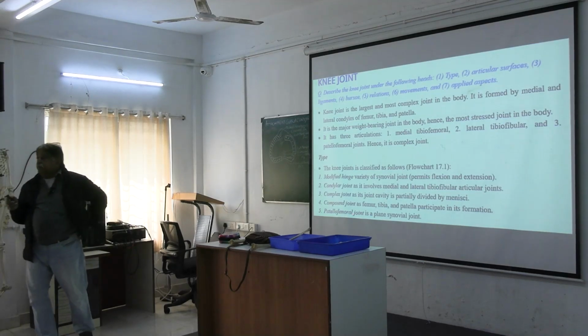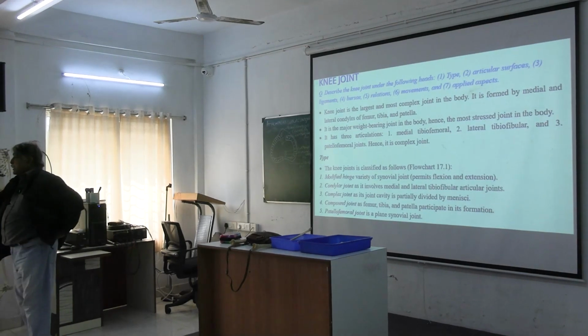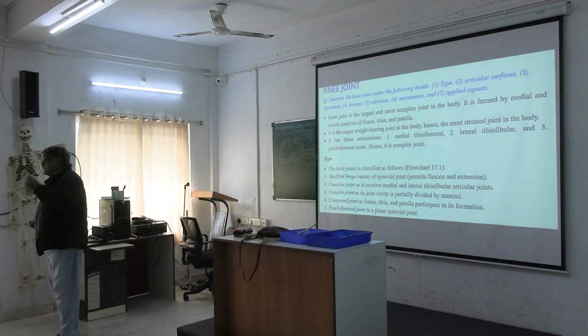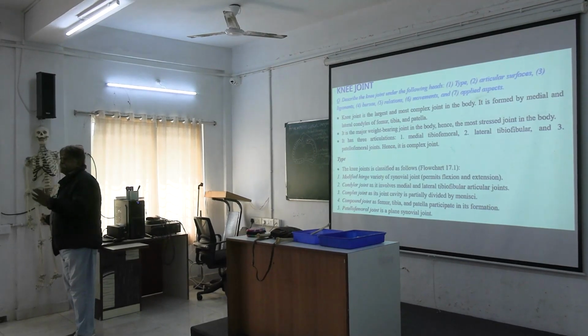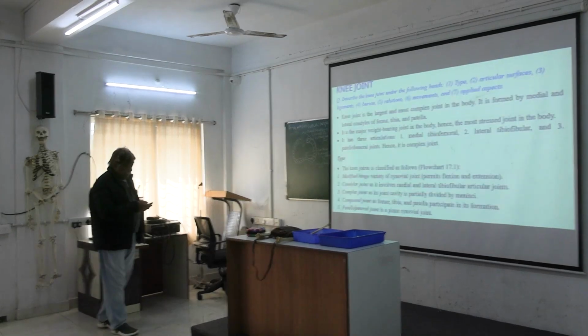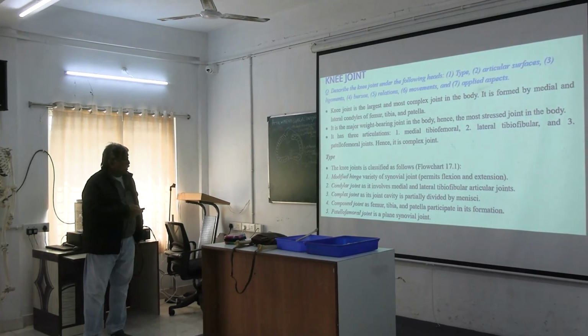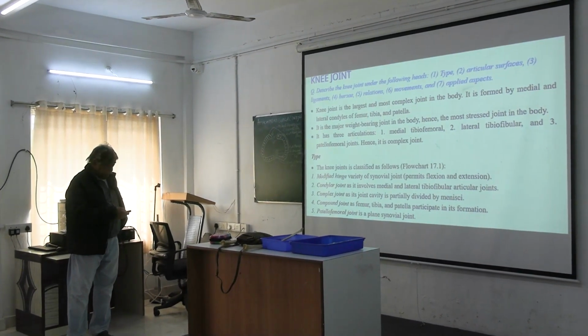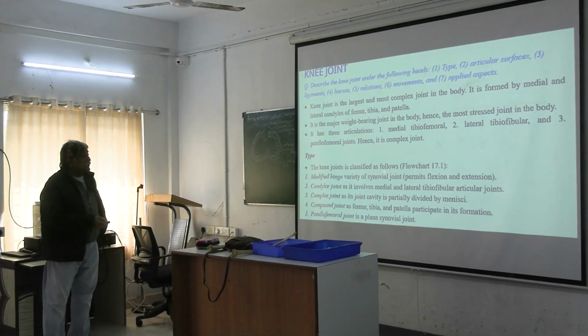Now, why knee joint is very important? You just see this skeleton, you read from the skeleton. Knee joint is classified as a modified hinge variety of synovial joint, permits flexion and extension.